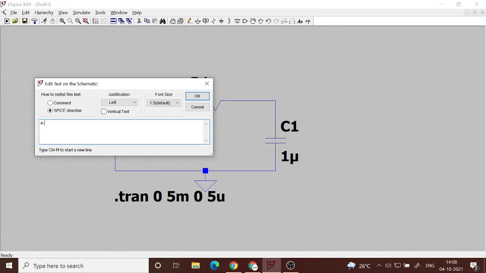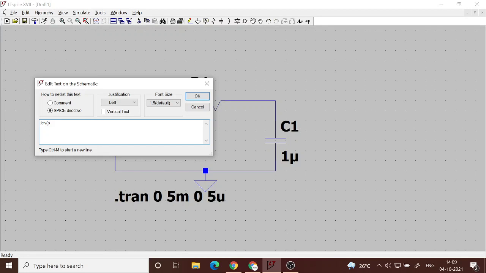SPICE is a language which is used to model devices and components and circuits, how they are connected, what their initial conditions are, etc. So I would like to give an initial condition. I would like to specify the voltage on the capacitor.